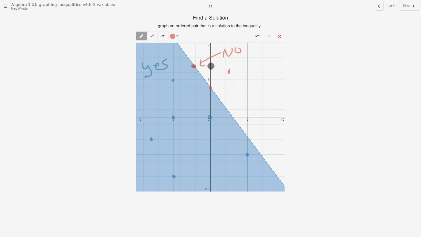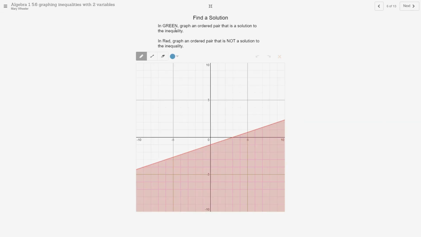So the line is not part of the solution. If it were solid and had that equal sign with it, then it's part of the solution. So anything that is outside of the shaded region or on a dotted line is not part of the solution.